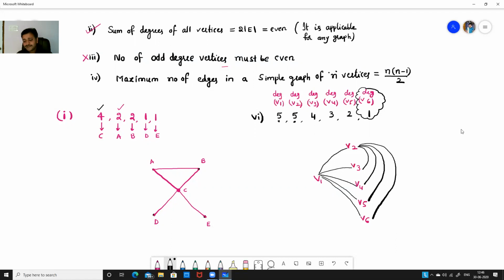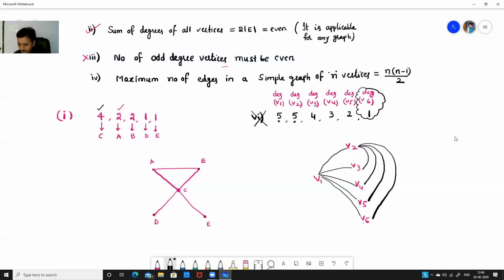V6 is connected to V1, and V6 is also connected to V2. Then how can I say degree of V6 is equal to 1? Is it possible? No. Therefore, it is not a valid sequence.